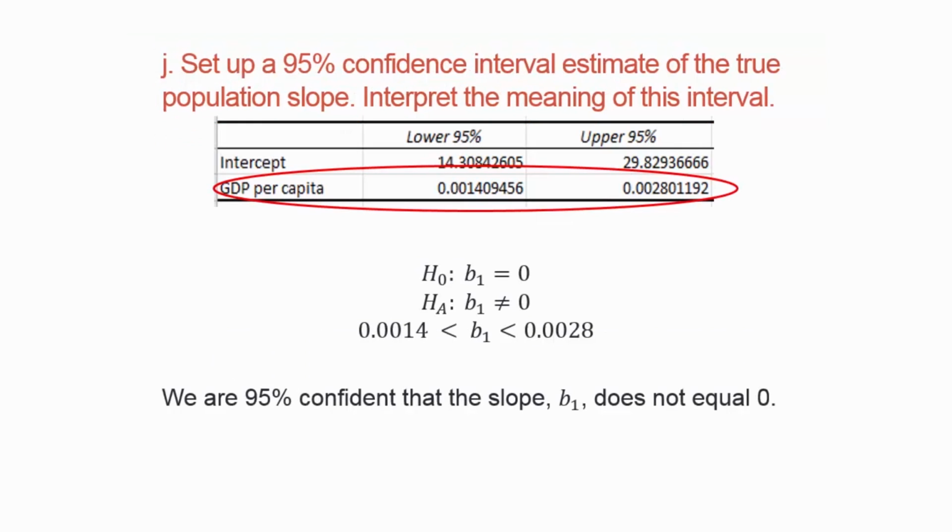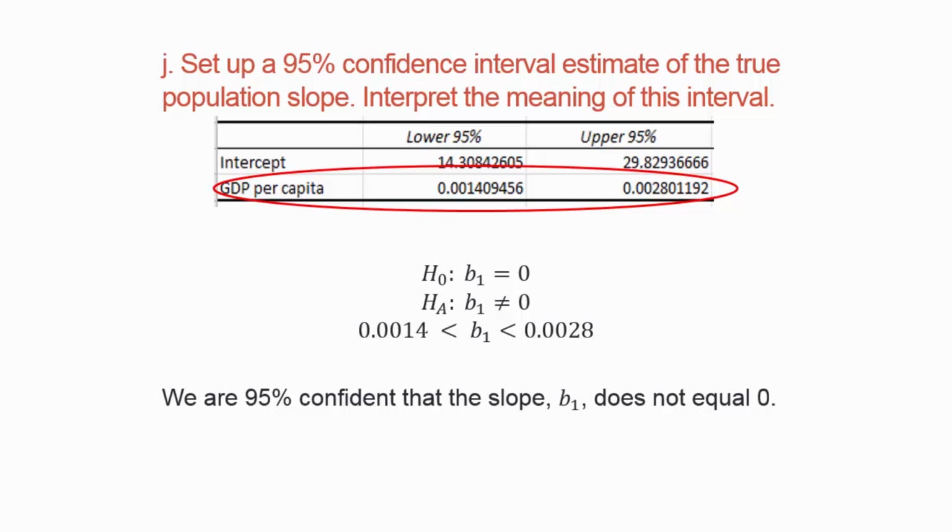Now it asks, what is the 95% confidence interval estimate for the true population slope? And what is the meaning of this? Notice under lower and upper 95% confidence level for GDP, I've got 0.0014 and 0.0028. The key thing there is that both numbers are positive, so that tells me if GDP per capita goes up, then I expect the percentage of social media usage to increase as well.